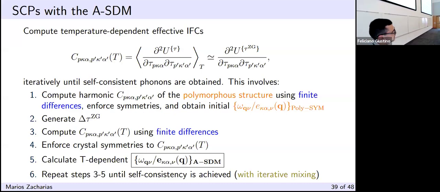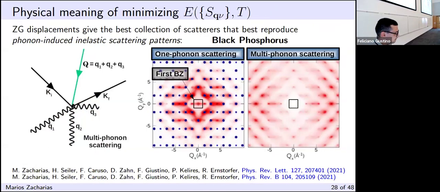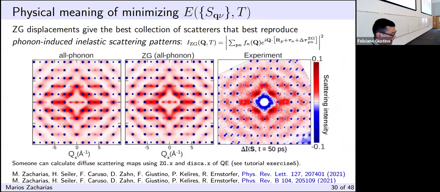This has been demonstrated, and for me this is what gives you the physical meaning. Indeed, if we capture one configuration, we can precisely reproduce the thermal diffraction scattering pattern, the phonon diffuse scattering pattern that you see in the experiment. So that object seen in the experiment is seen also using one configuration.